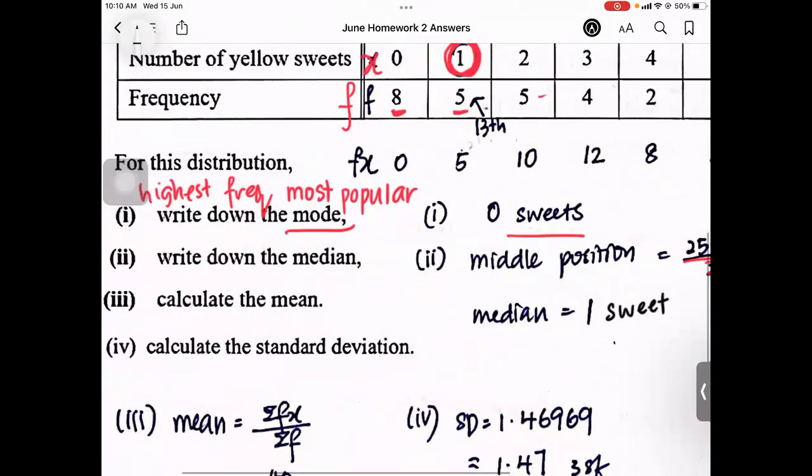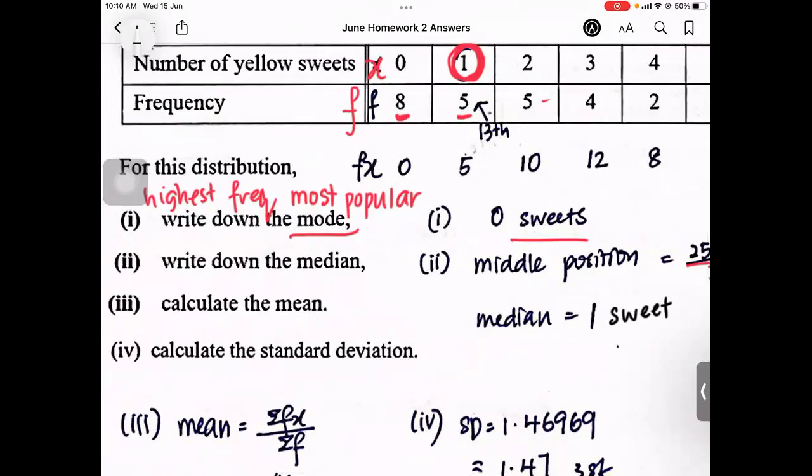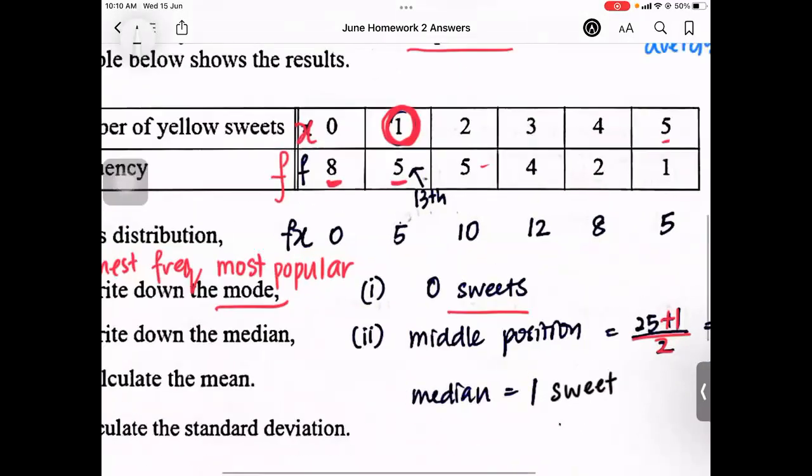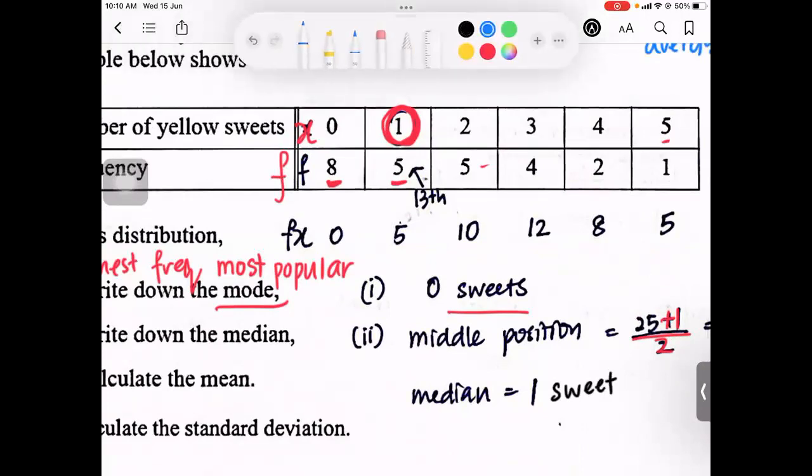Then next one, calculate the mean. How do you find the mean? Summation f times x, frequency times data value. So I'm going to go through it one time. Frequency 8 times data value 0, 0. 5 times 1, 5. 5 times 2, 10. 4 times 3, 12. 2 times 4, 8. 1 times 5, 5.